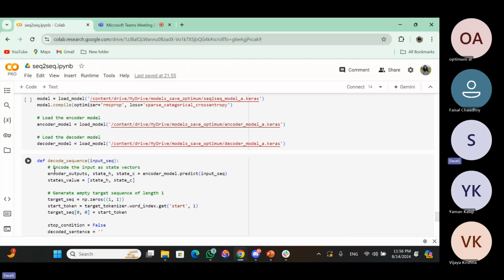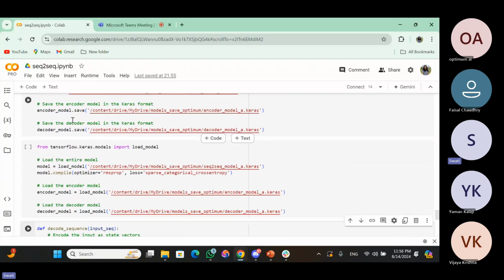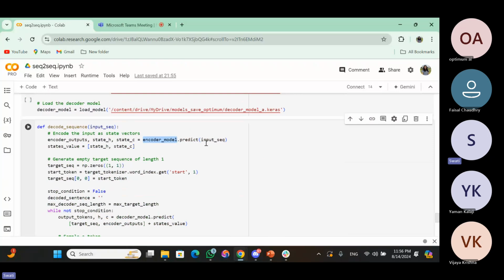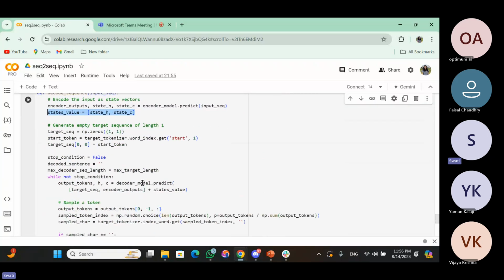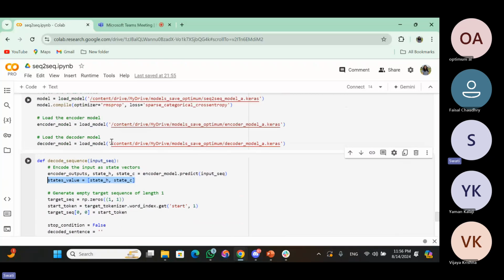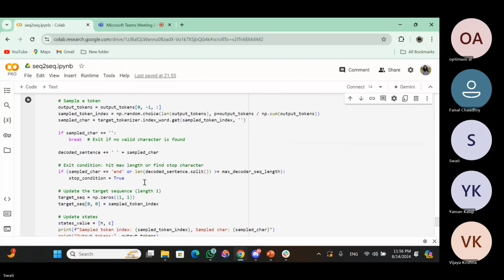Here you can see that you are getting these outputs using this encoder model, which you have earlier saved and then loaded. The state values are saved in a different list format, and then this will be given to your decoder model. This decoder model is also saved and then loaded.